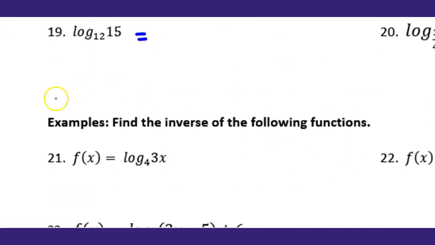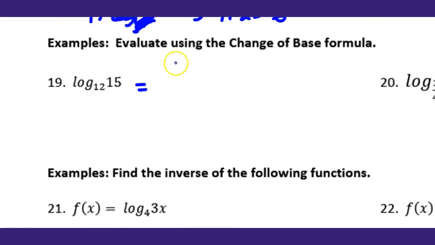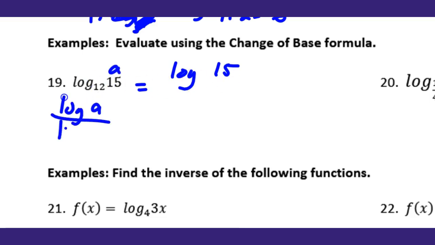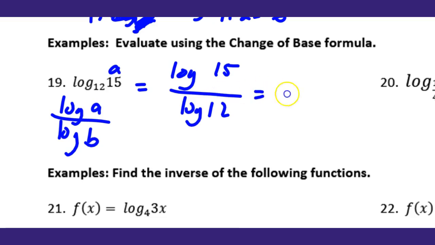So in your calculator, you just put log of 15, log of a divided by log of b. And when you do that in your calculator, you get 1.09.